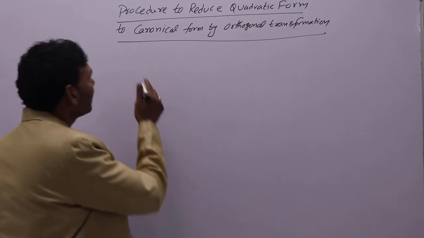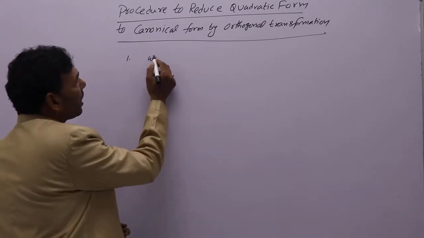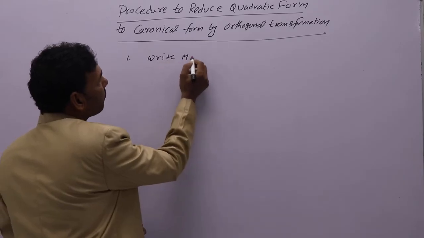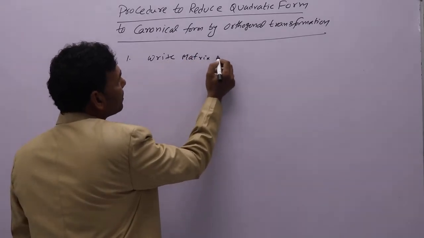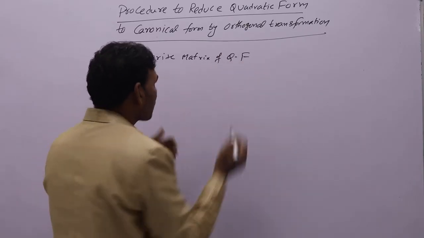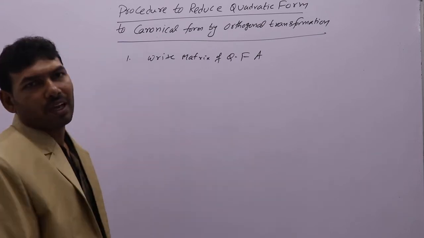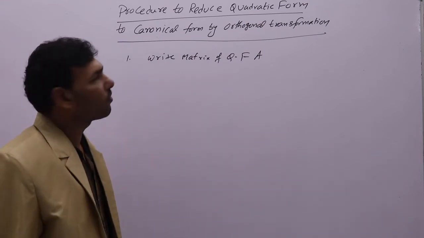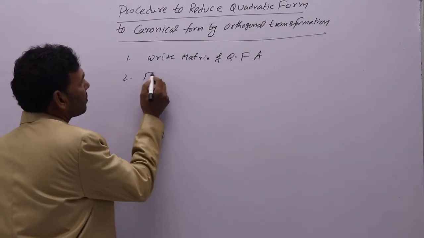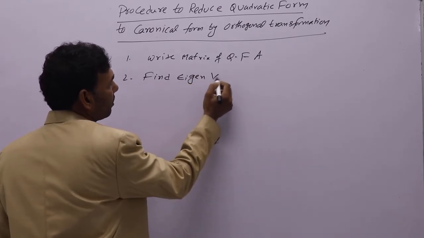For that, we follow these steps. First, write the matrix of the quadratic form, which is called A.